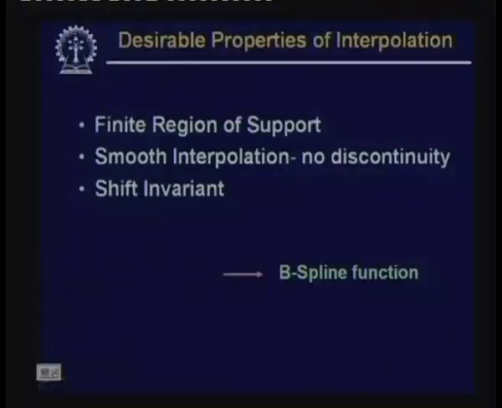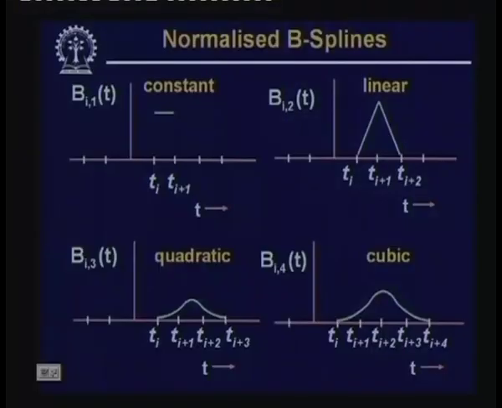That is, if I shift the signal by say t equal to 5, even then the same interpolation function should give me the same result in the same interval. This is known as the shift invariance property of the interpolation. And we have seen in the last class that B-spline interpolation functions satisfy all these three desirable properties for interpolation.